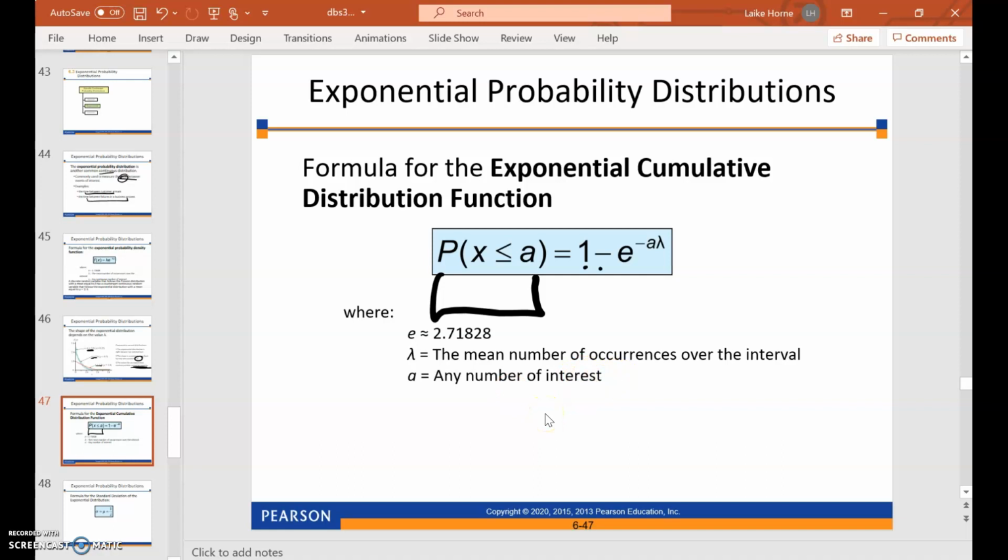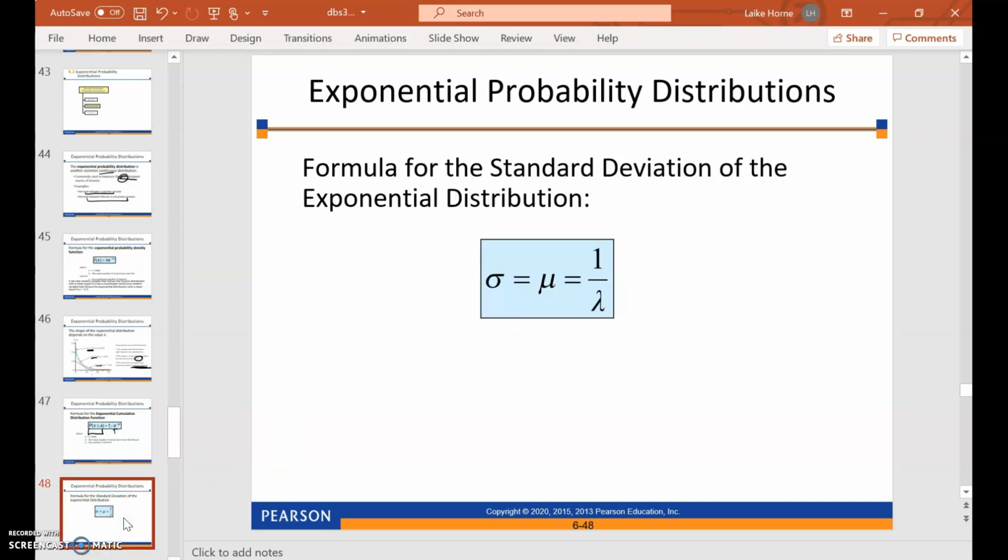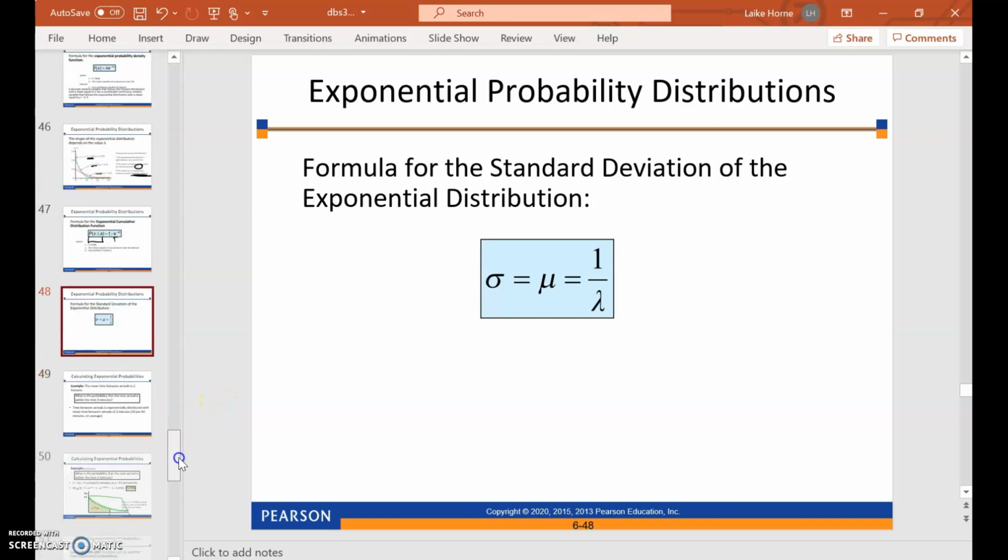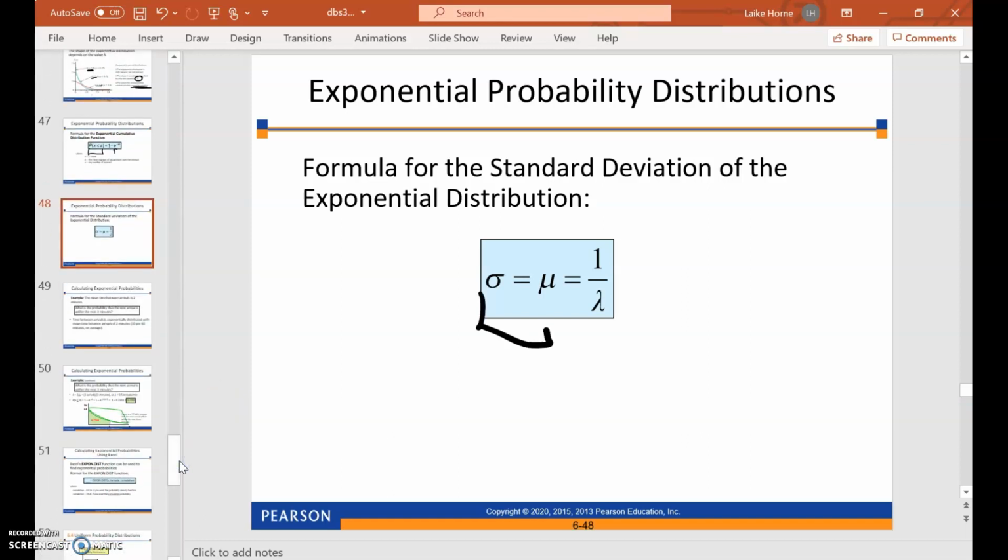You're going to do 1 minus e, which is a value that is 2.71828, raised to the negative A times lambda. The standard deviation and the mean are the same. They're both equal to 1 over lambda.